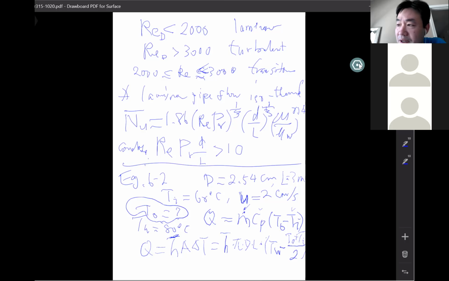So it will be okay to use the average temperature of the in and out as the average temperature of the entire pipe. Is that okay? So far, so good?